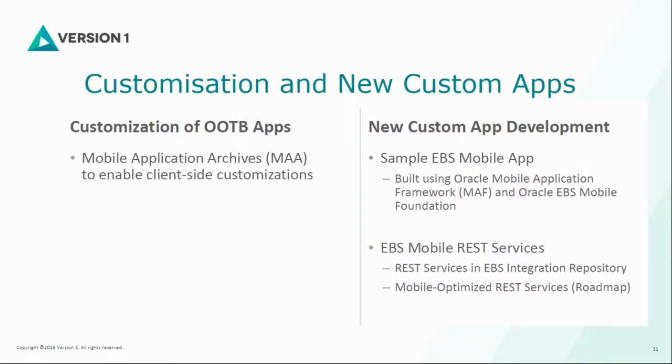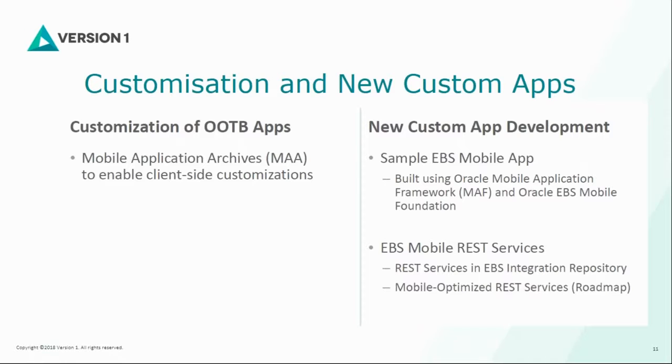In terms of creating new apps, Oracle's Mobile Application Framework can also be used to create apps from scratch. And just as the standard apps do, custom apps can also utilize Oracle's EBS Mobile REST services as a communication method for transferring and synchronizing data between a device and the EBS instance.